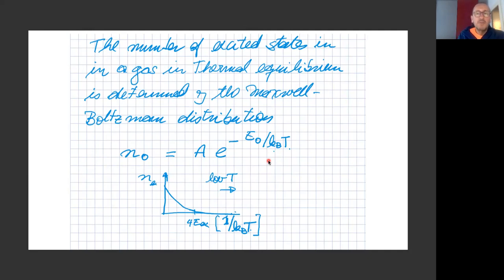You can now believe me. What I'm saying is the following statement: the population of the number of atoms in an excited state of a particular energy level is equal to a constant times an exponential of the energy level divided by the Boltzmann constant times the temperature.